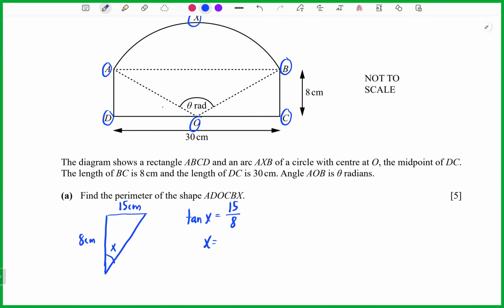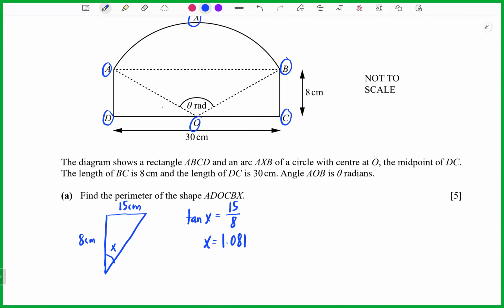So I need to do radians form, so I can write 1.081 radians. It's very important.